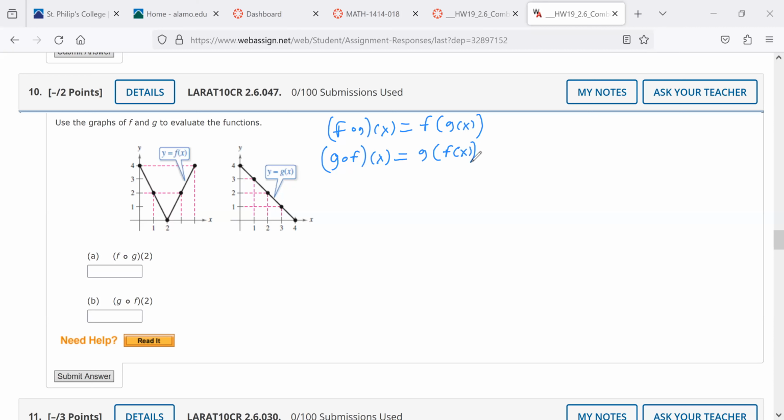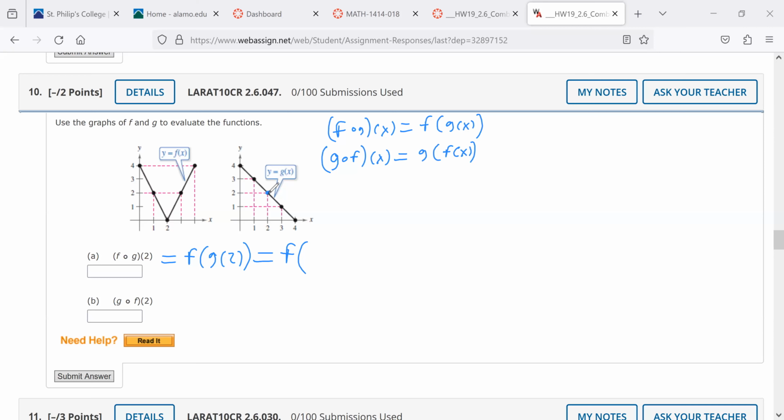So for this example, this is saying f of g of 2. So what is g of 2? Right here, right? Yeah.